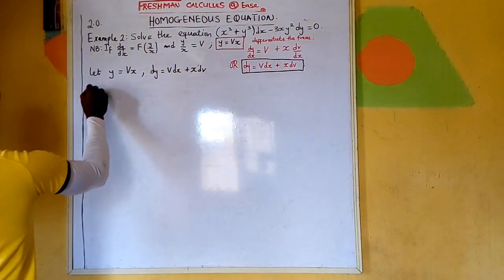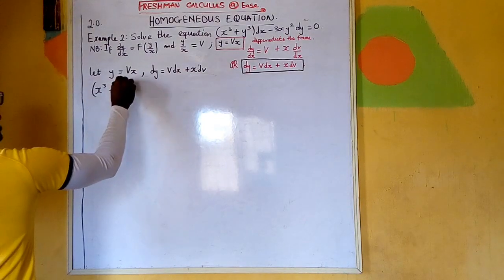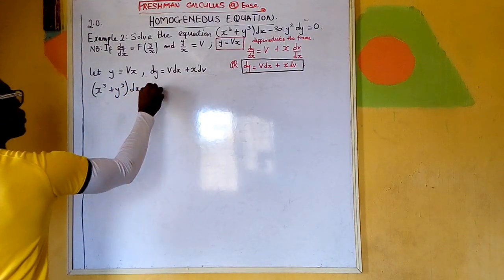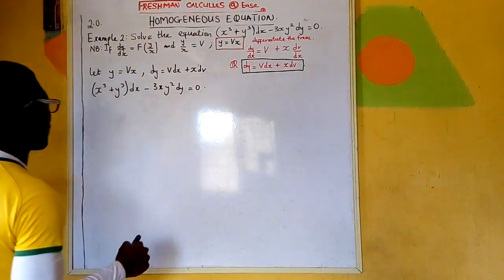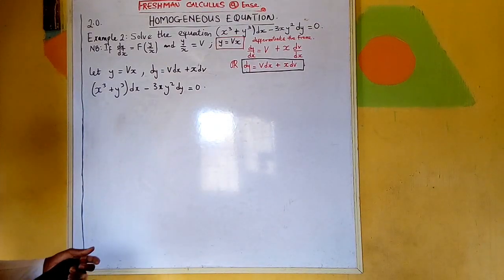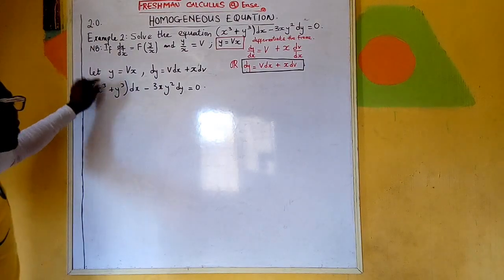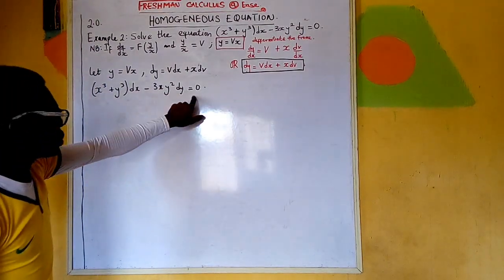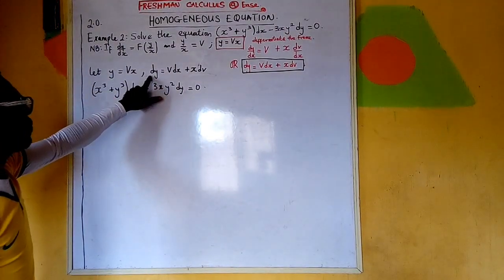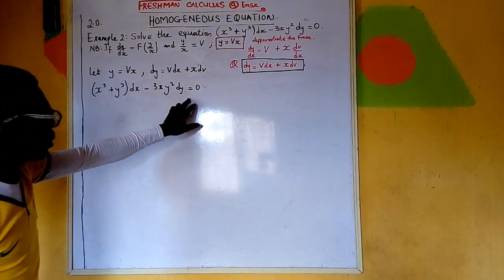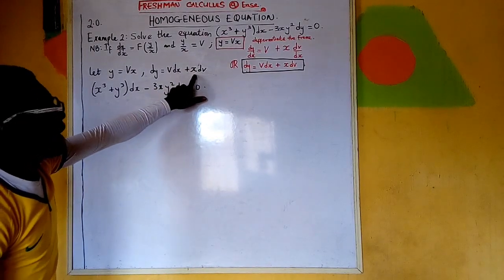Now let's go back to the question. You have x cubed plus y cubed dx minus 3xy squared dy is equal to 0. Go back to the condition, let y be equal to vx. Meaning that whenever I see y in this equation, I'm going to substitute it with vx, and whenever I see dy in this equation, I am going to express it as v dx plus x dv.